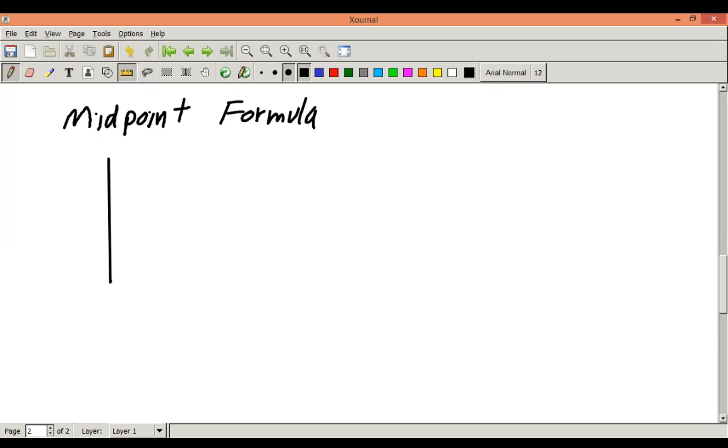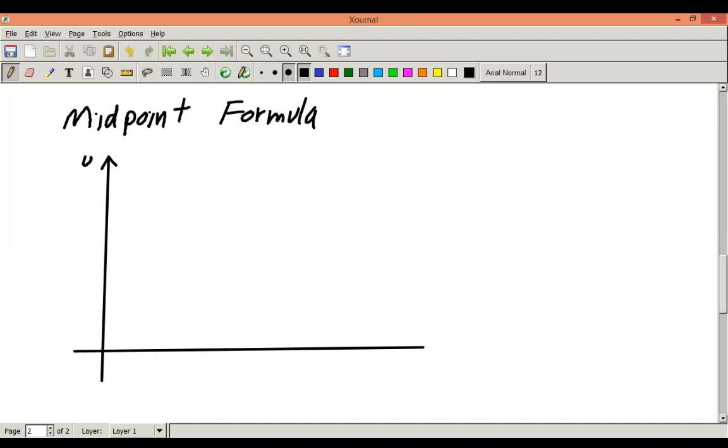So let's take a look at a line segment in the first quadrant. So there's your x and y axes. And here's going to be a line segment right here. We'll call that line segment AB.